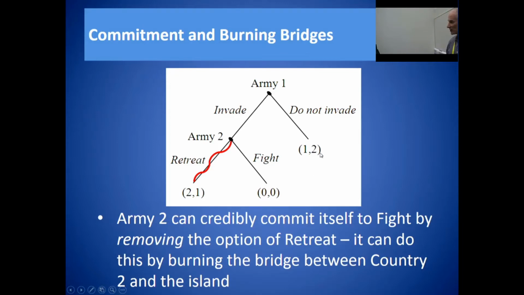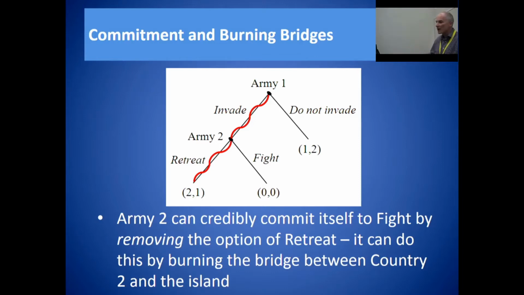So, given that, what will Army 1 choose to do? Army 1 will choose not to invade, knowing that an invasion will automatically be met by fighting. And hence, that commitment to fight has been made credible by the burning of the bridge.